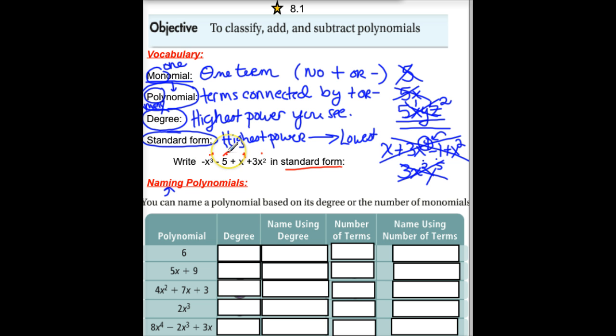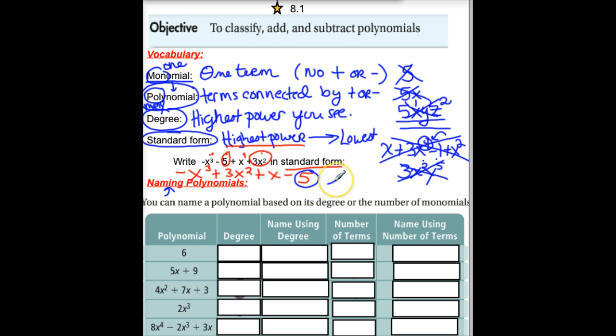This number right here, this 5, is really 5x to the 0, if we were going to think about it like that. So when I pick my highest power first, it's the negative x to the third. That one was fine. But then my next highest one is the 3x squared, followed by the x to the first, or just the x, and then the minus 5. We just reorder them so that it goes in decreasing order of those exponents.